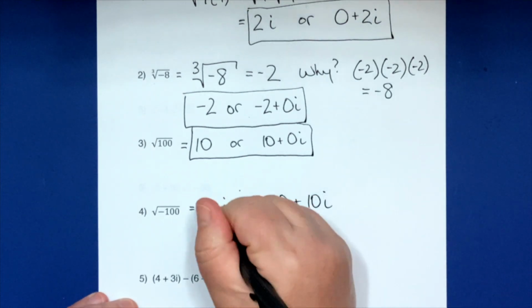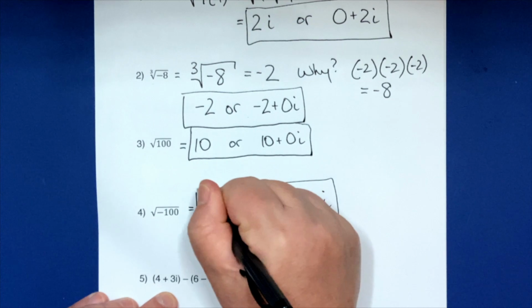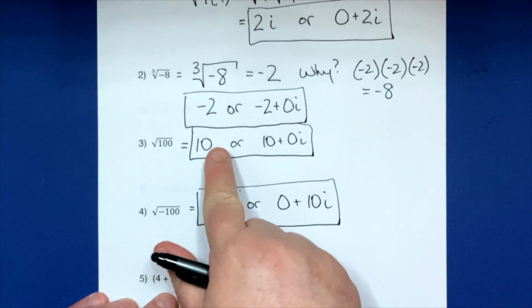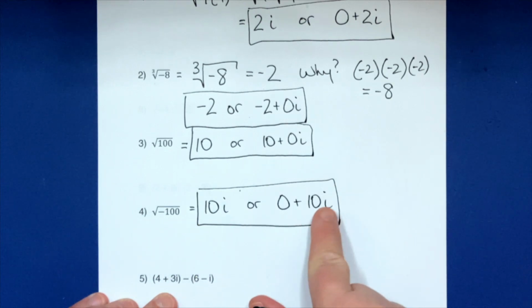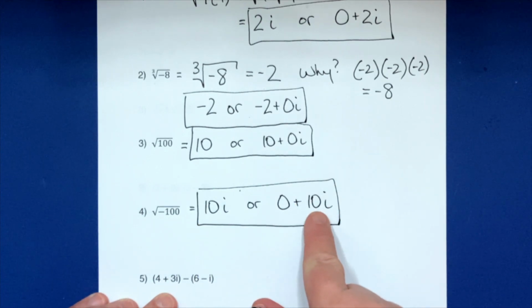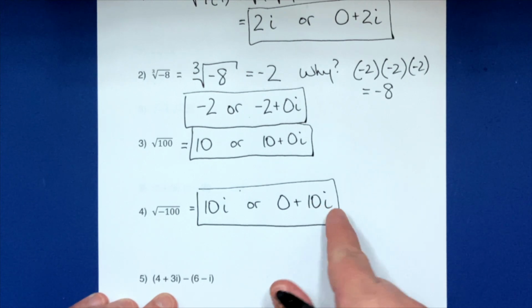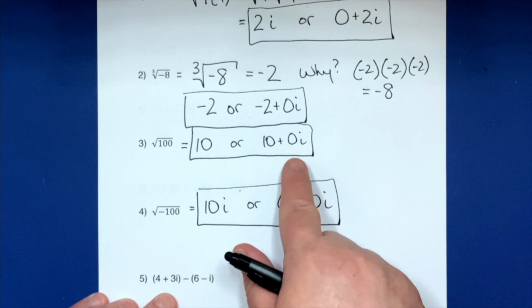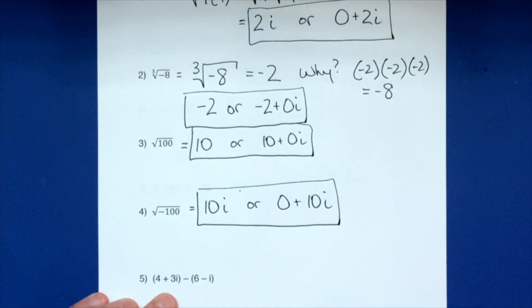And it's interesting because just the one difference, that minus in there, switches it from a purely real number to a purely imaginary number. There's 0 real, so the real part is 0, the imaginary part is 10i or 10. Here, the real part is 10, the imaginary part is 0 or 0i.